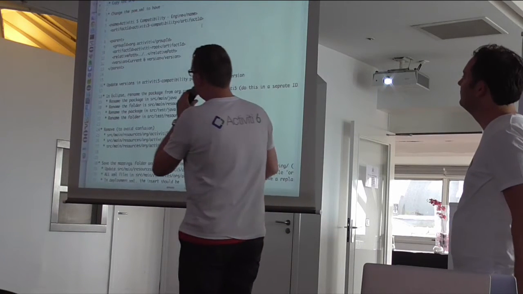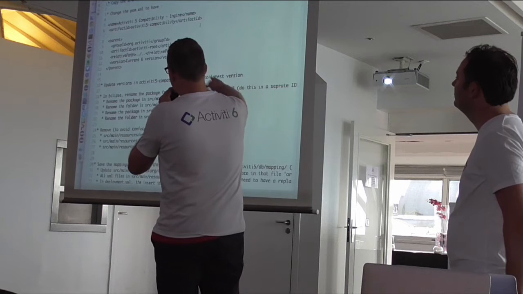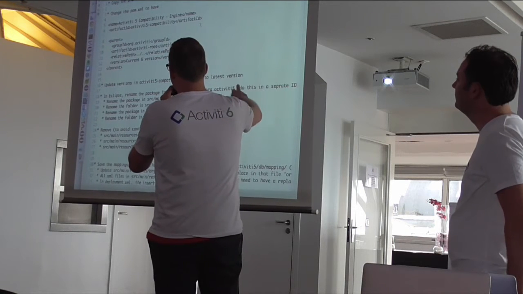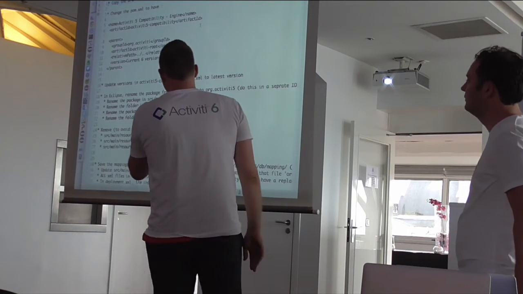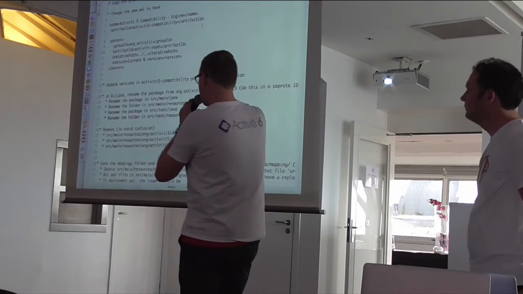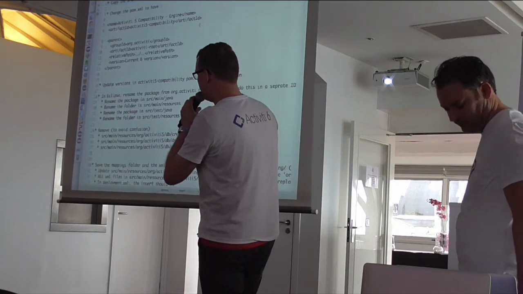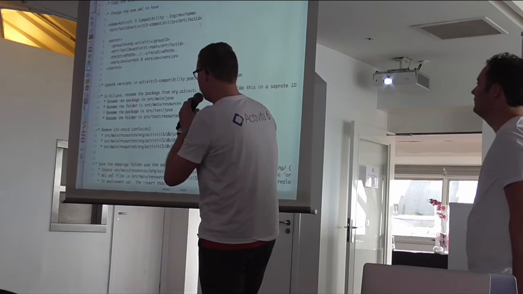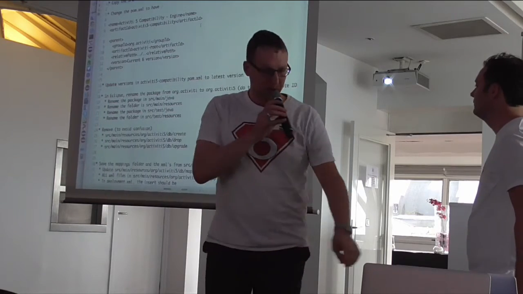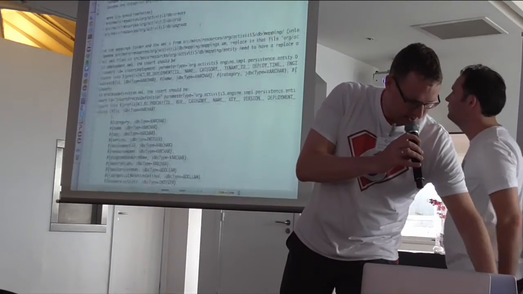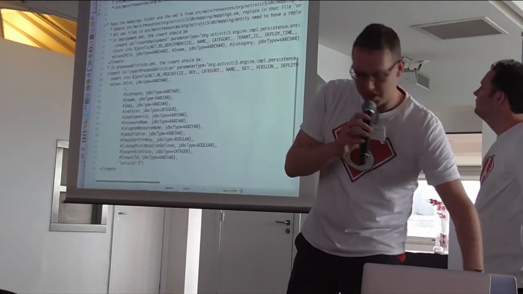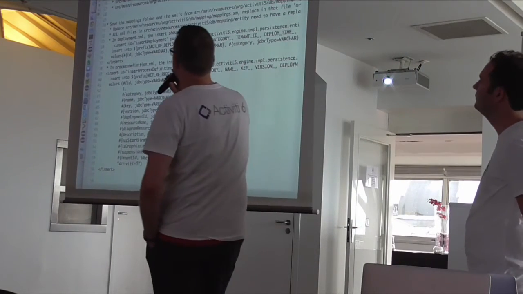We change something in the POM, update the versions to the latest version, do a package rename, and remove the script so you don't create an A5 something by accident. Then the most important bit is at the bottom here, which comes down to updating.